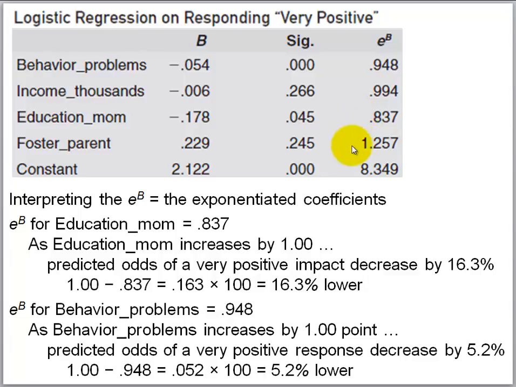On the other hand, the EB coefficient for foster parent is greater than 1, and so this is conveying that the higher coded category, foster parent, as contrasted to the lower, the odds are higher of a very positive response for the higher category. So as the foster parent variable goes up, the odds of very positive response go up, and that's conveyed by the positive EB coefficient.